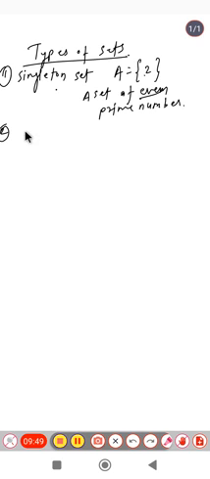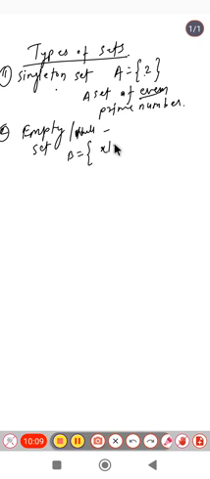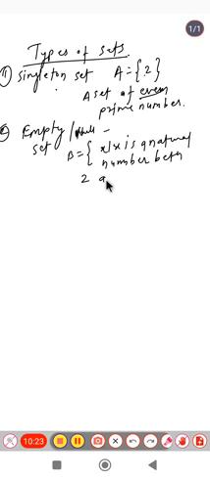Now the second one is the empty set, or we can say it's a null set. In that set, we can write one example, B, in curly brackets: x is a natural number between 2 and 3.